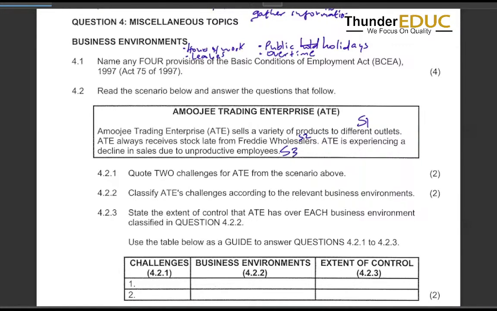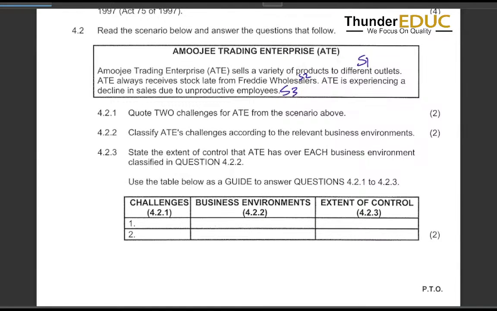So now also if you check 4.2.2, it says classify the challenges according to relevant business environments, and also state the extent of control over each and every business environment. So now if we check the first sentence, it says that Amuje Trading Enterprise sells a variety of products to different outlets.